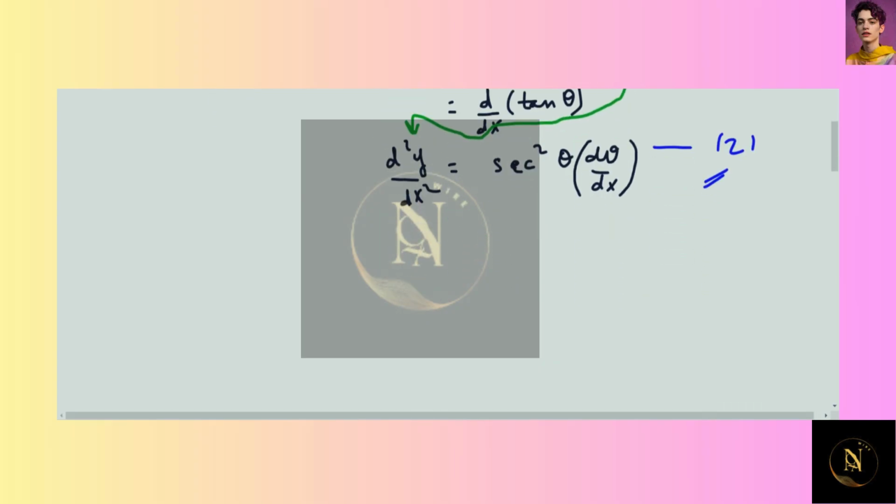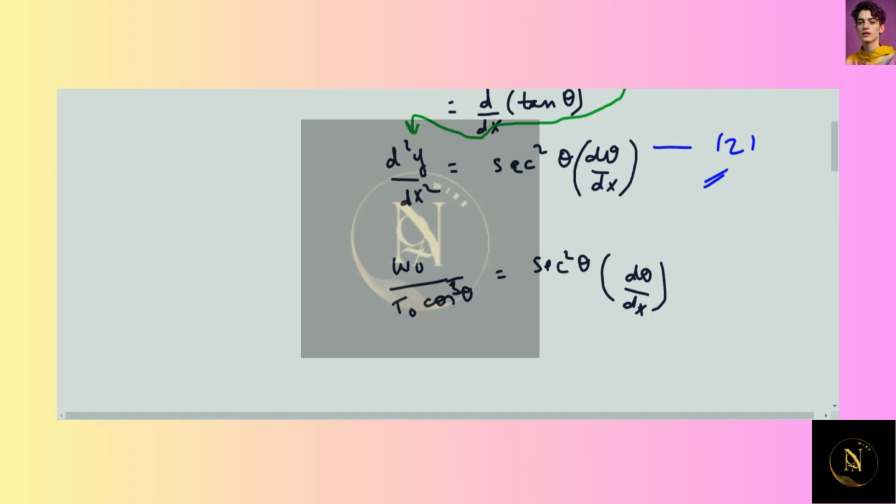So from here we get w_0 over T_0 cos³ theta is equal to sec² theta into d theta over dx.